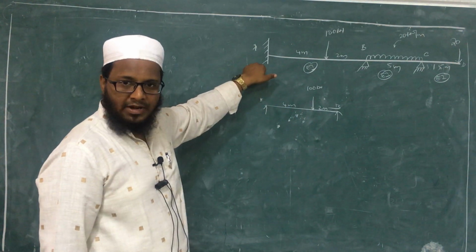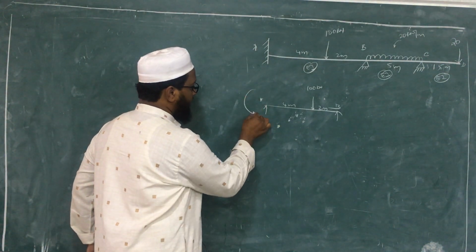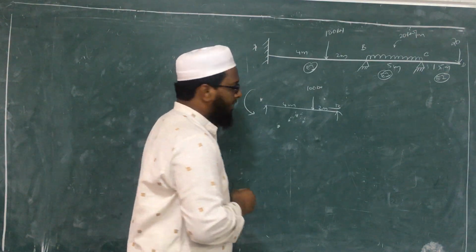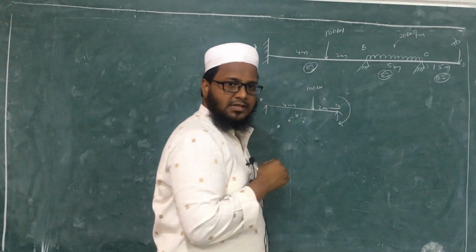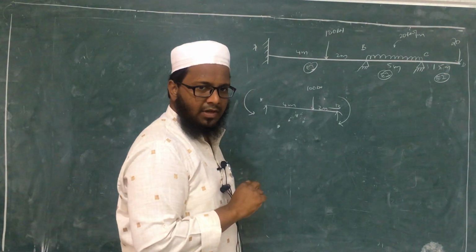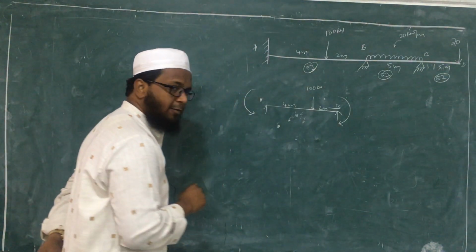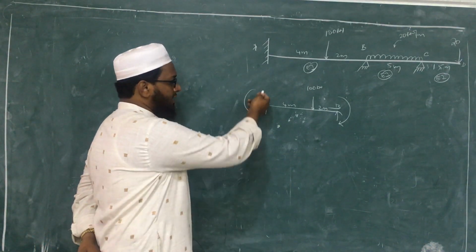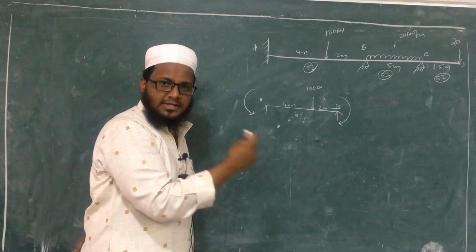Now, but we have moment here. What is that moment? We have here MAB, and here also we have MBA. What is the value of MAB we have calculated? Minus 55.27. Since we are showing it in anti-clockwise direction, we should not write the minus sign there.